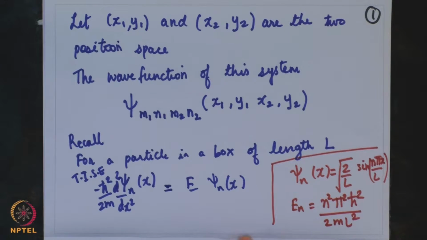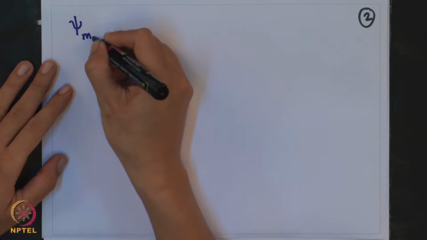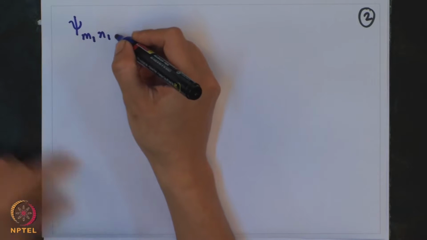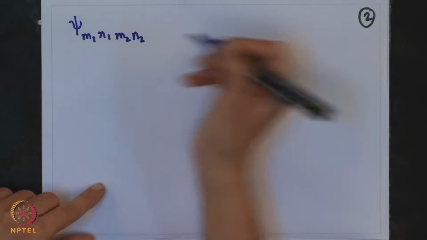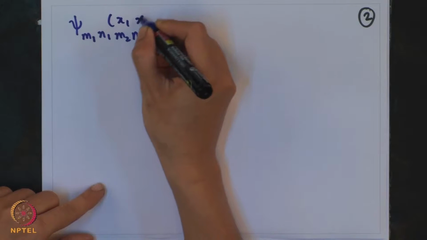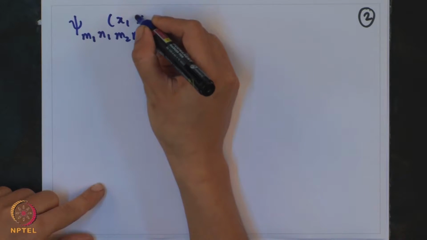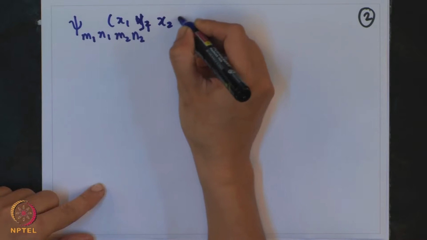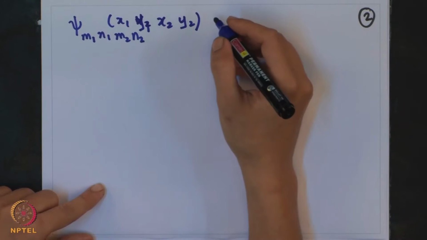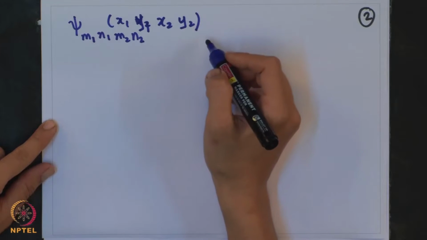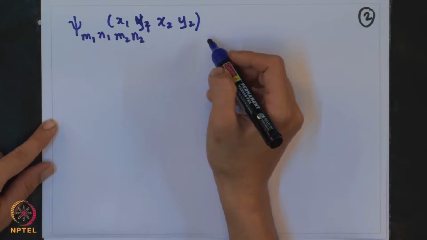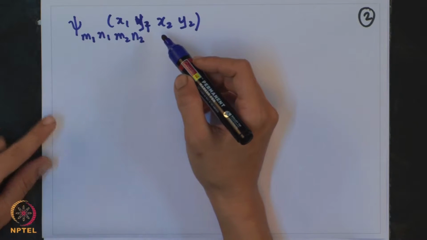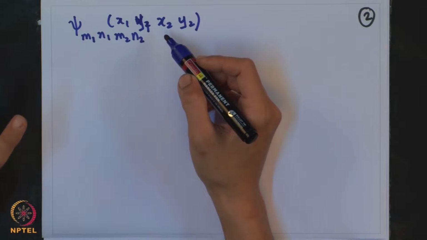So, in the same line, psi m1 n1 m2 n2 of x1 y1 x2 y2 will be the wave function for two particles in a box in 2 dimensions.